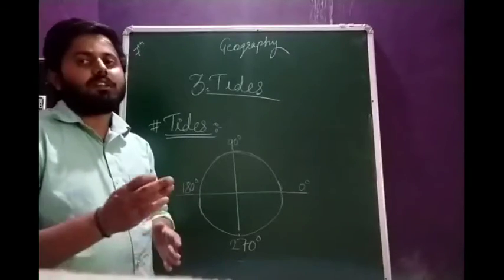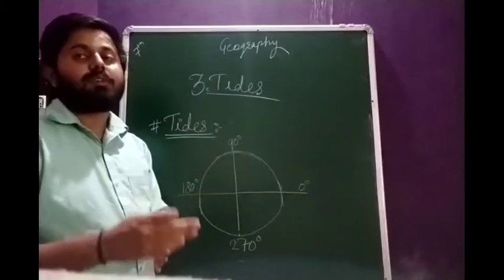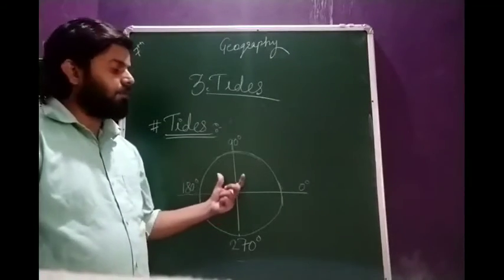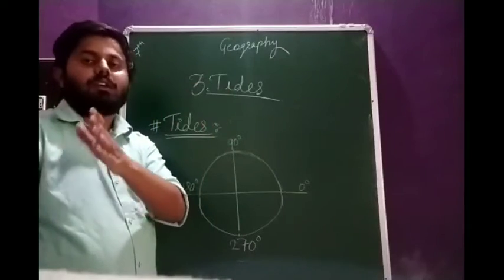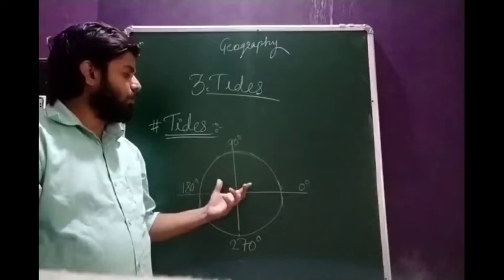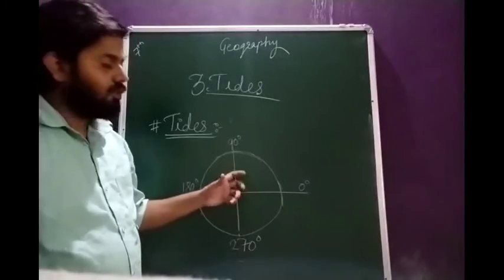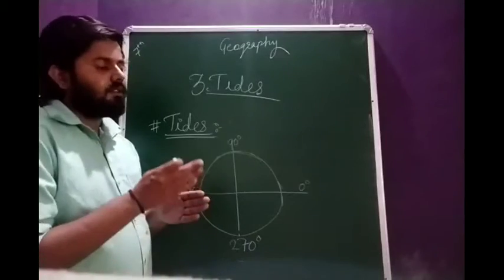That means the gravitational pull of the moon will affect the earth more than the sun. The gravitational pull of the sun also affects, but the gravitational pull of the moon affects the earth more.